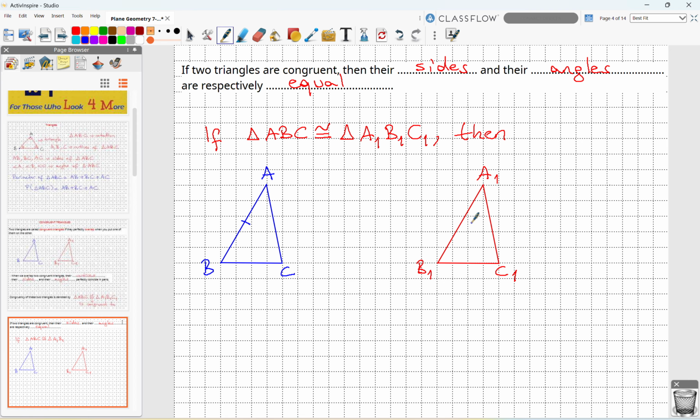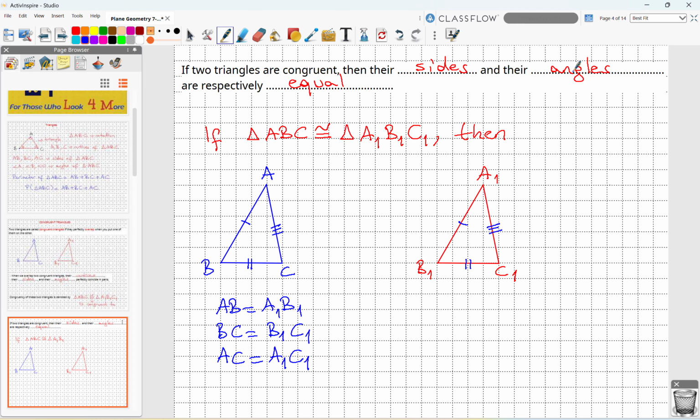So side AB is equal to side A1B1, side BC is equal to side B1C1, side AC is equal to side A1C1. Sides are respectively equal.